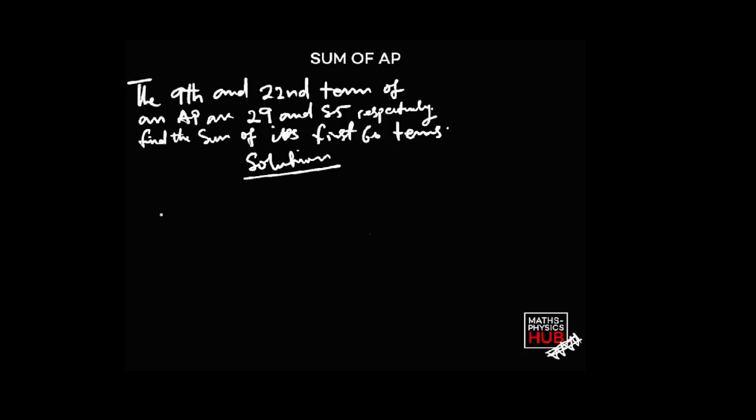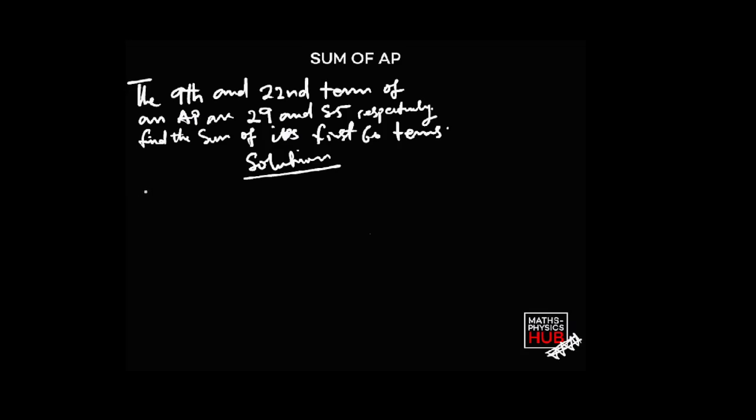So if you look at this question, we are told that the 9th and 22nd terms of an AP are 29 and 55 respectively. Find the sum of its 60 terms. For the sake of those who want to approach this directly, let's do so and see where we stop, and maybe that will let us understand what we have to think about.